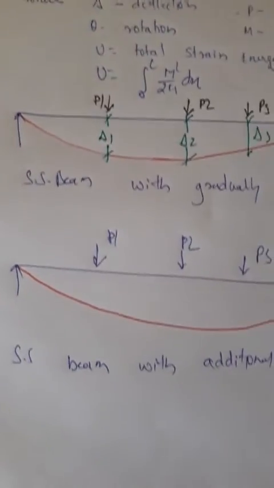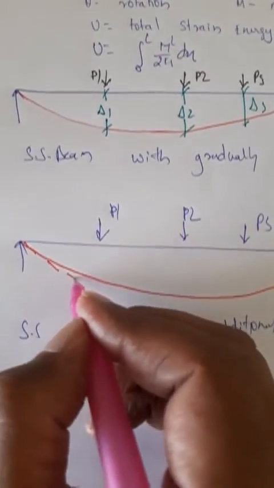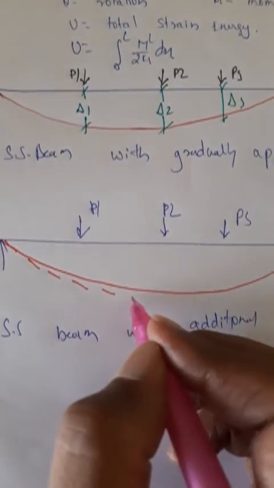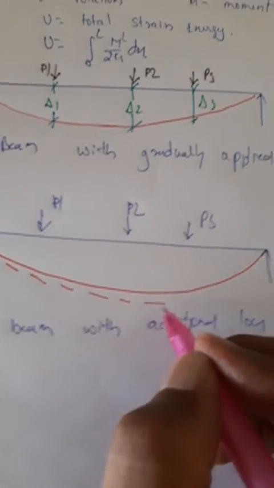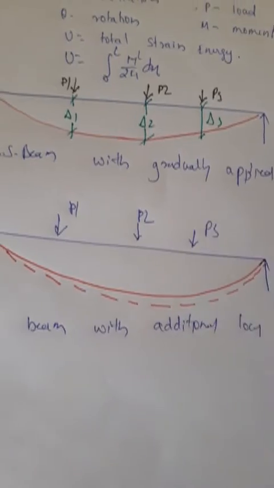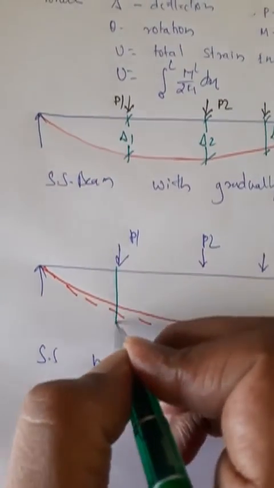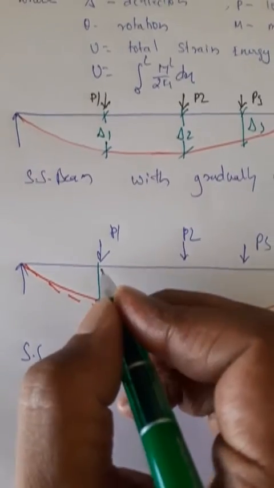Because of the additional load, this beam may deflect like this, so there is some additional deflection.